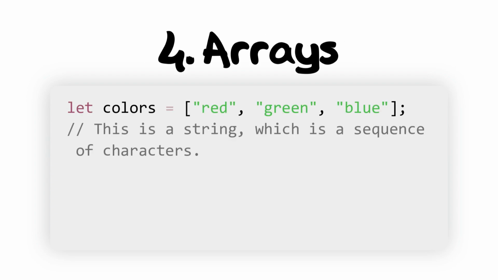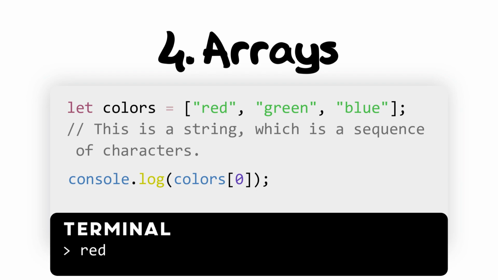Fourth is array. To declare an array, it's basically the same way you declare a variable, but you declare it inside square brackets, and in between each of these variables you add a comma. Now to print an array, we can do console.log colors and square brackets, and inside that we input the index of the value we want.